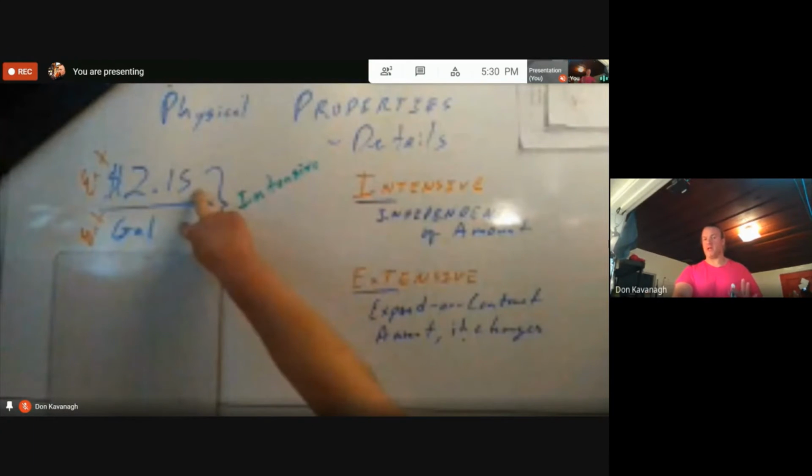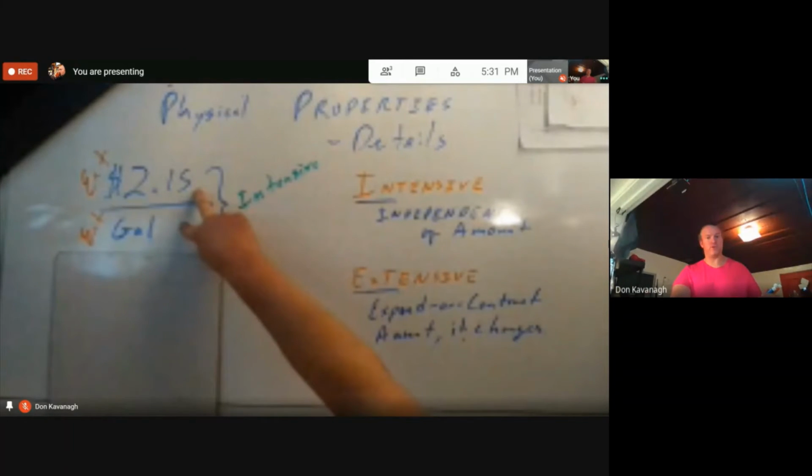Whether you get 1 gallon or 2 gallons, you're going to get charged this ratio, $2.15. If you get 20 gallons, you're still going to get charged this ratio. It's not a sliding scale.